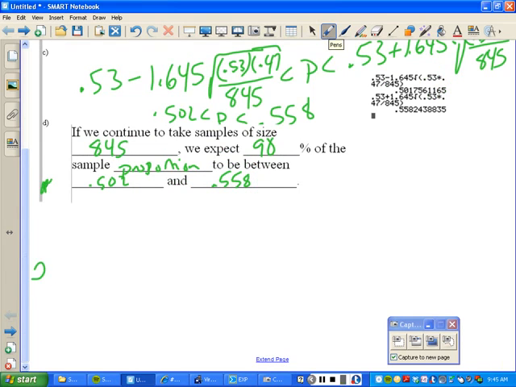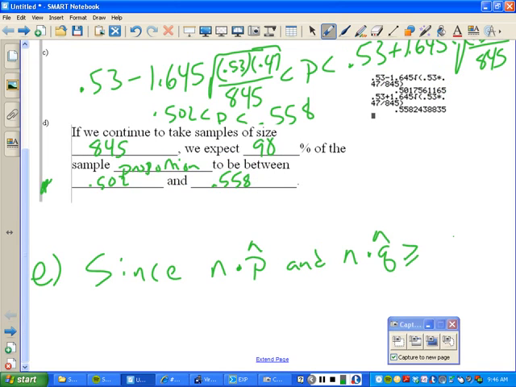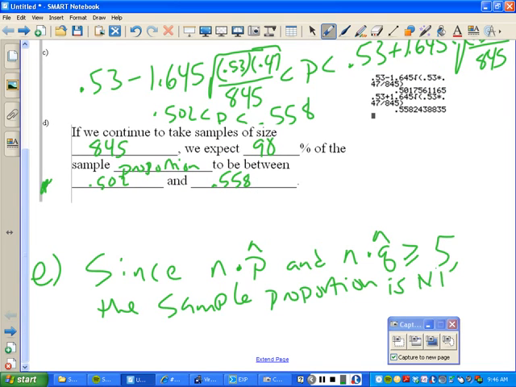E. Okay? E. What are your assumptions? Since n times p hat and n times q hat are greater than or equal to 5, the sample proportion is normally distributed.